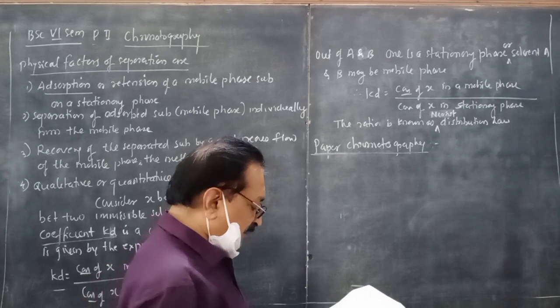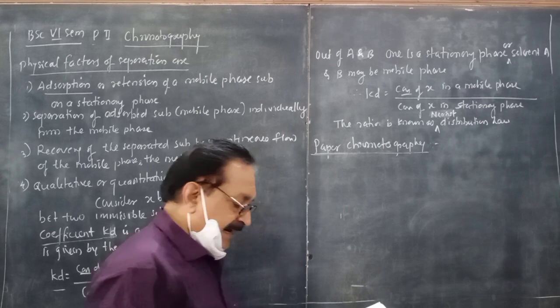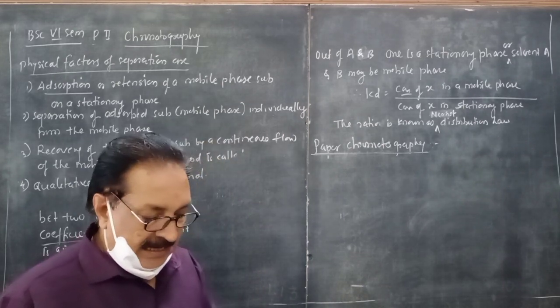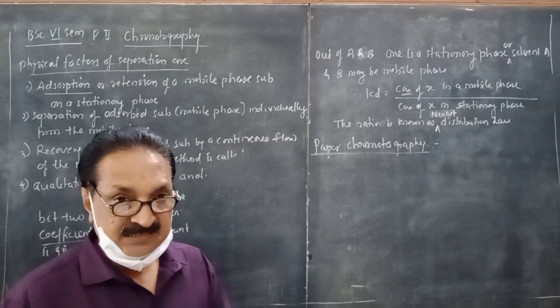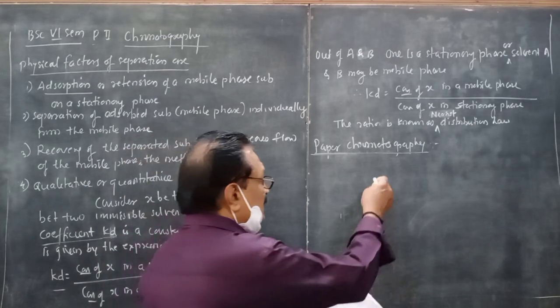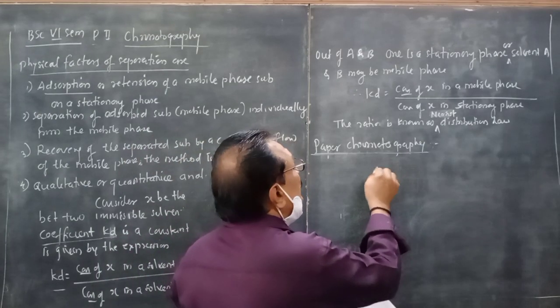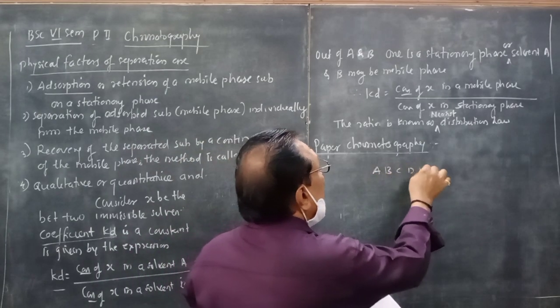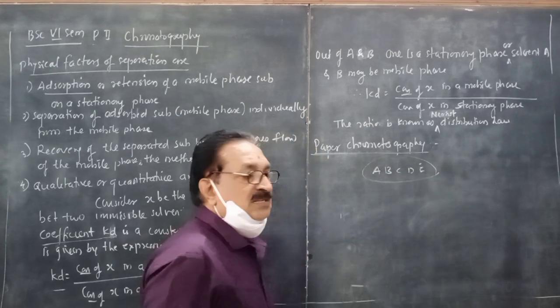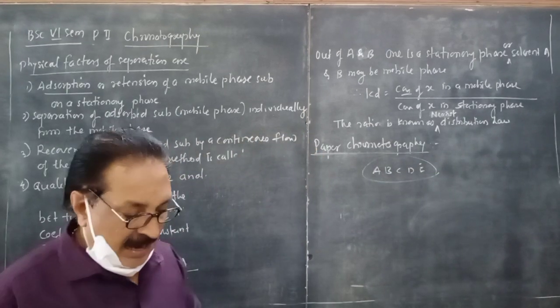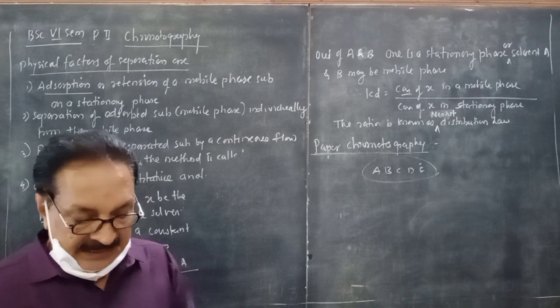The components of the mixture to be separated migrate at different rates. Suppose the components A, B, C, D, E are present in the mixture, and these are to be separated.